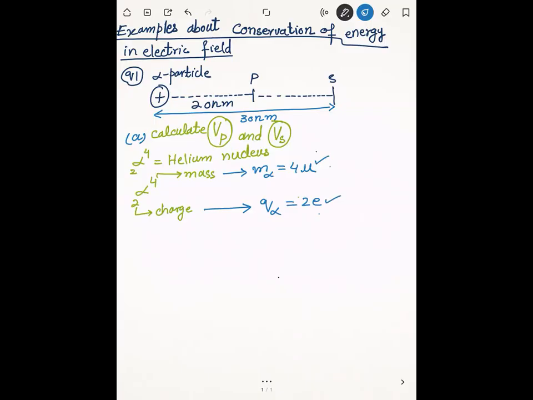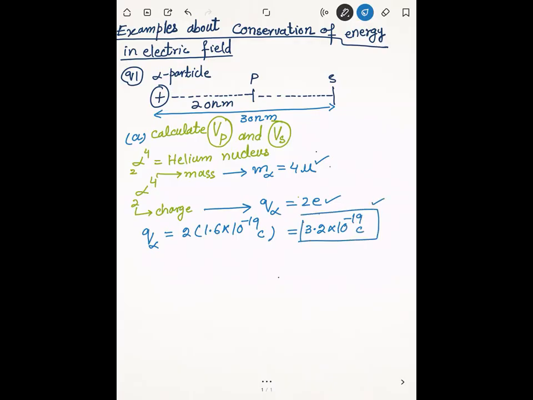So the charge on the alpha particle is 2 times 1.6 into 10 power minus 19 coulombs, and the answer is 3.2 into 10 power minus 19 coulombs.